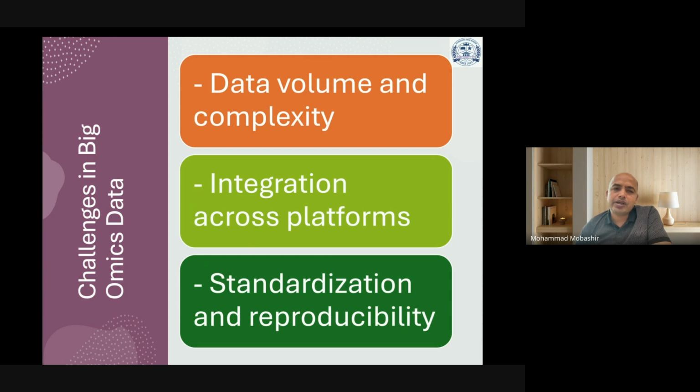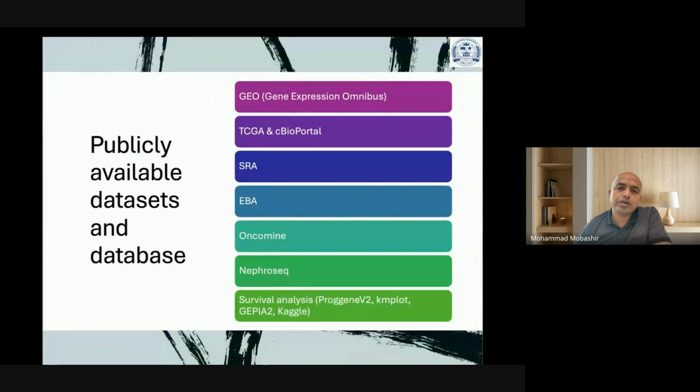Challenges in big or multiomics data analysis are data volume, complexity, integration across multiple platforms, and then normalization or standardization and reproducibility. Publicly available datasets and databases are Gene Expression Omnibus, GEO, TCGA, cBioPortal, mostly for NGS.